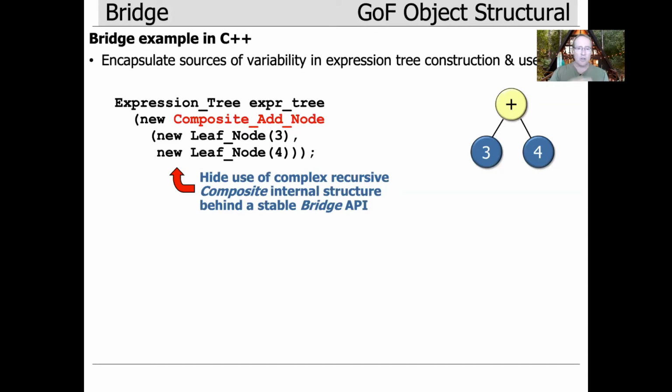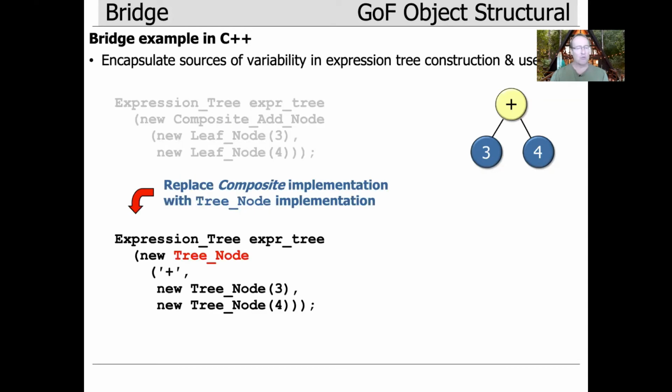So here you can see we're creating a composite add node implementation and using that to squirrel away inside the expression tree's constructor. We could trivially replace this with a different implementation using, say, tree node as opposed to the component node hierarchy, and that could be hidden inside the expression tree.